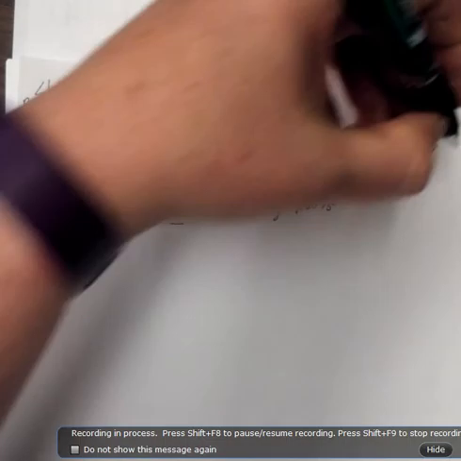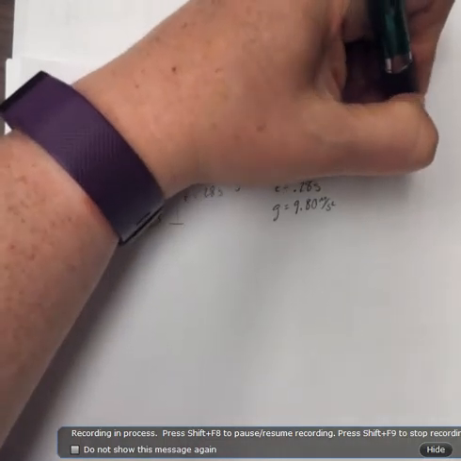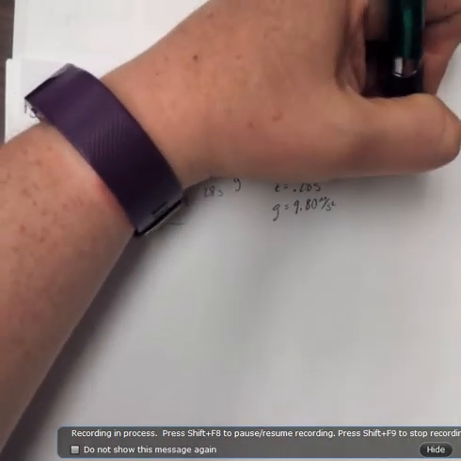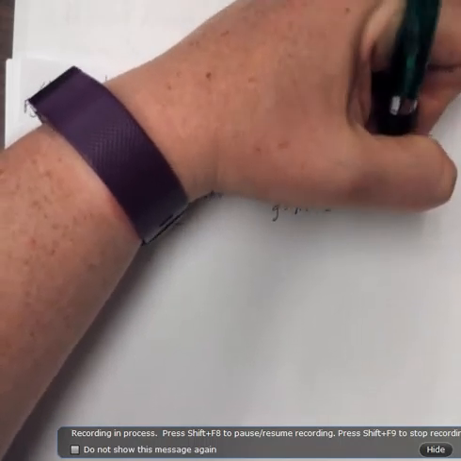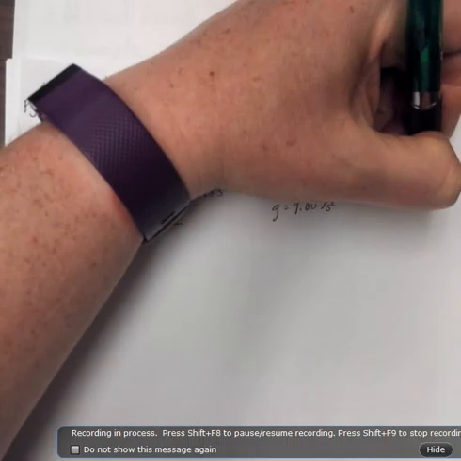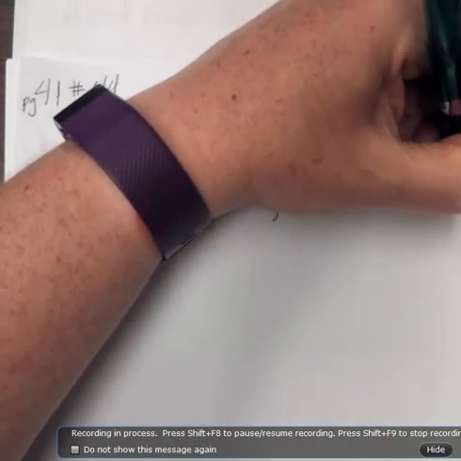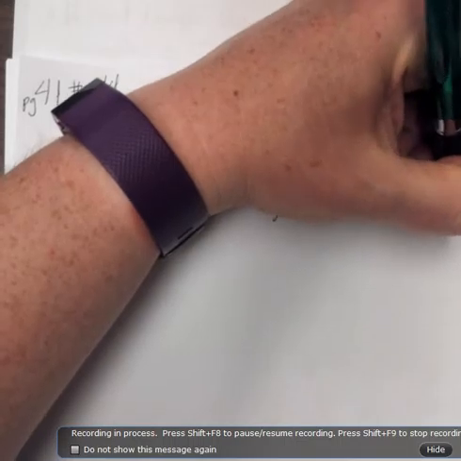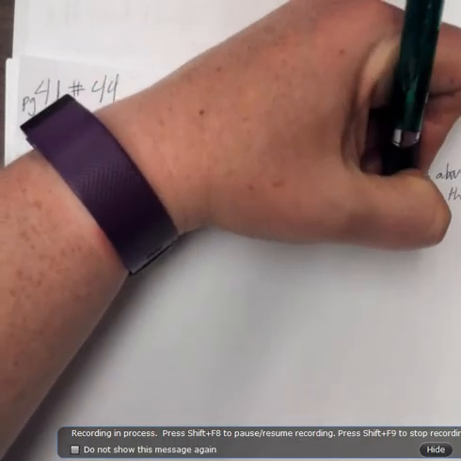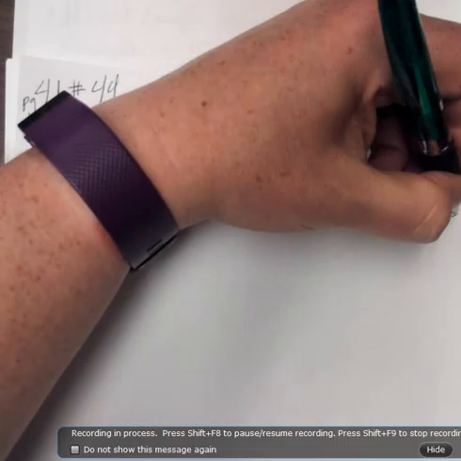And what I'm ultimately trying to find is the height above the window that the rock was dropped.